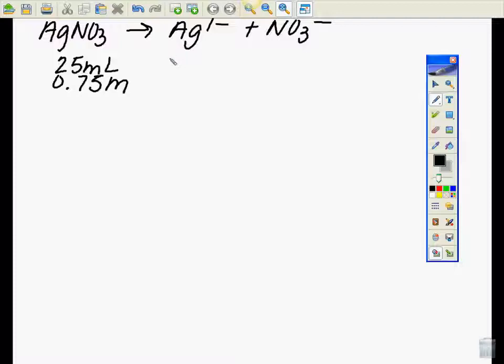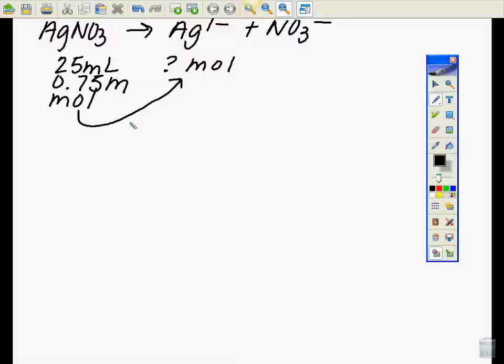This time they're asking for the number of moles of silver ions. So you're going to have to game plan this a little differently. We're going to have to find the moles of this and then do a mole ratio to get moles of this.